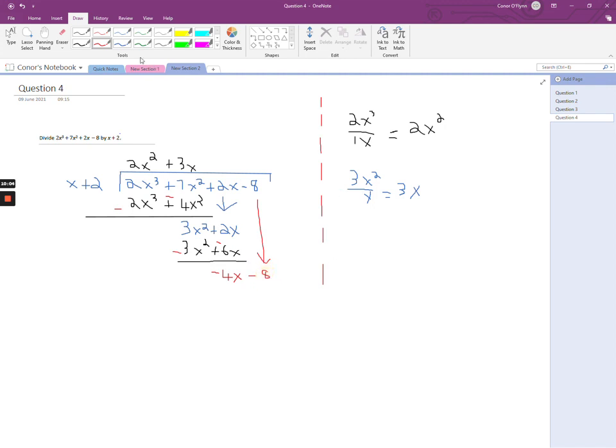And then it's, let's change color here, it's minus 4x divided by x, minus 4. So it goes here, and multiply in again, minus 4 by x is minus 4x, and minus 4 by 2 is minus 8.